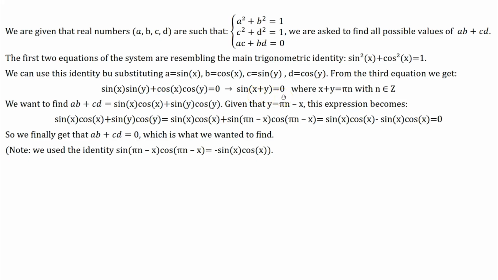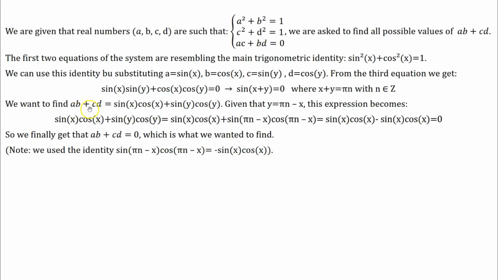This means that the sum of angles x and y is equal to πn with n a certain integer, because for all sums x plus y equal to πn, we get that the sine of πn is equal to 0. Now, what the problem requires us to find is ab plus cd.